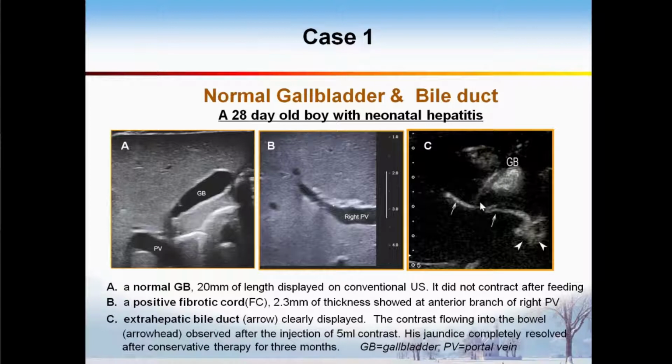Then we use contrast ultrasound to puncture the gallbladder, and we can see the gallbladder is filled by the contrast agent, and the common hepatic duct, common bile duct, and duodenum are filled with the contrast agent. So the baby is excluded from BA.